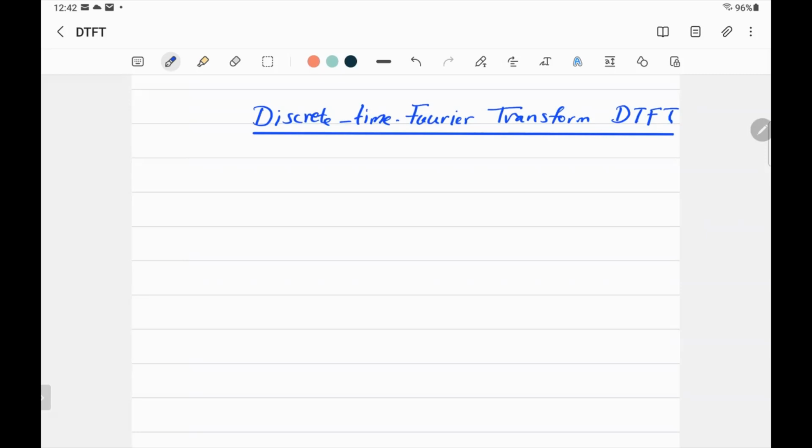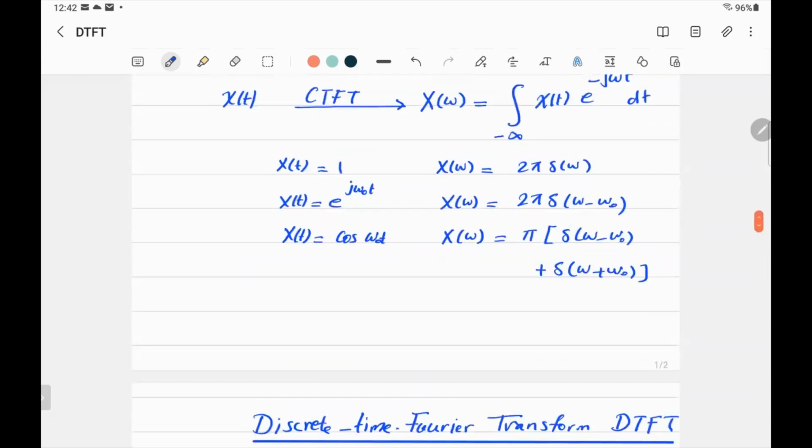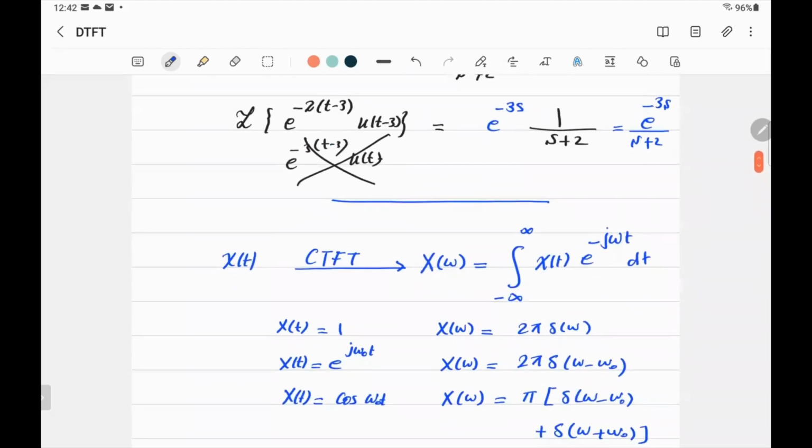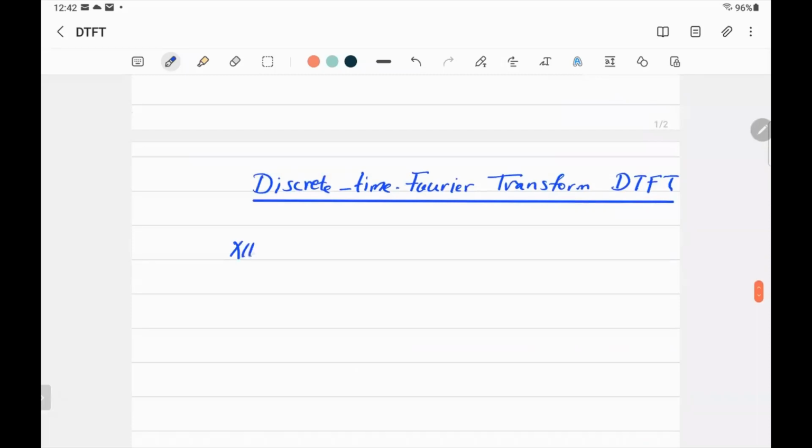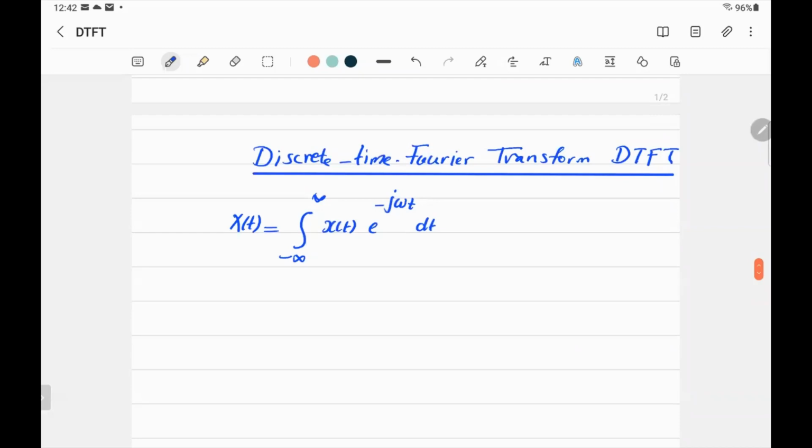Okay, how will we do the discrete time Fourier transform? Look at the one that we did. If you are dealing with a continuous time signal, usually we use integration. When we are dealing with discrete time, we use summation. So I'm going to convert this to summation. Just to compare, X of omega is equal to the integral from negative infinity to infinity of x of t e to the power of negative j omega t dt. Now, I have x of n, our discrete time sequence.